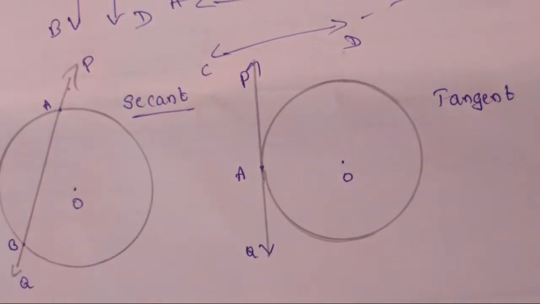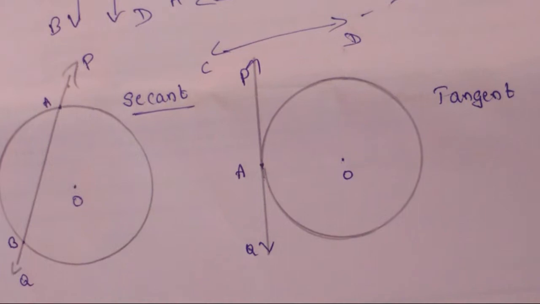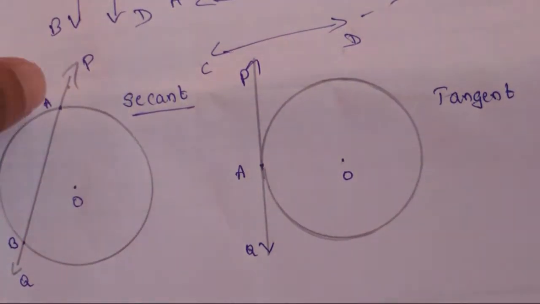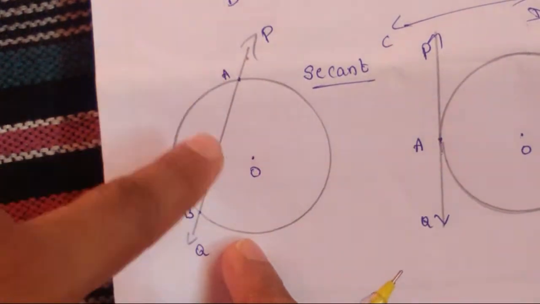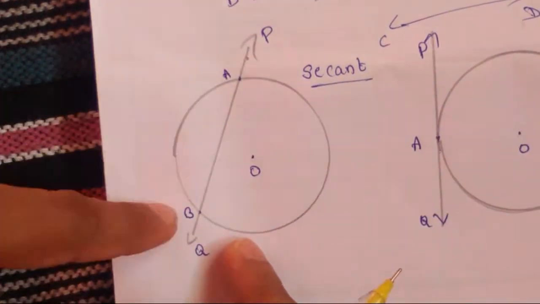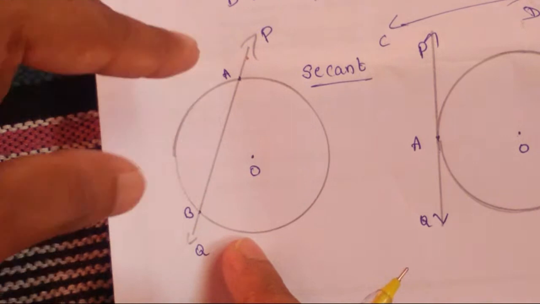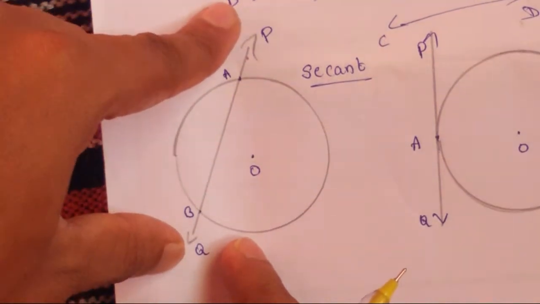In the first case, the line does not touch the circle, so that's a non-intersecting line. In the second case, line PQ passes through the circle at 2 distinct points, so that's why this line PQ is called a secant of the circle.